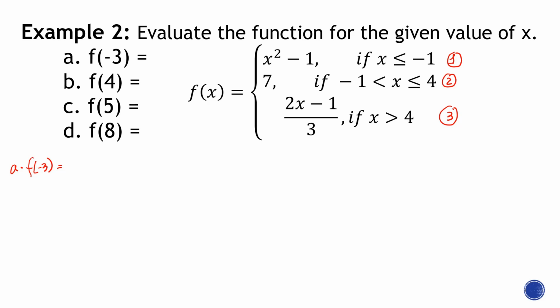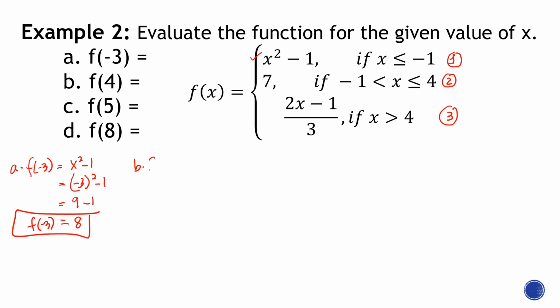Let's check. Is x less than or equal to negative 1? Yes, so that means we will be using the first formula, which is x squared minus 1. This is negative 3 squared minus 1, right? Negative 3 times negative 3 is 9, minus 1, and this is equal to positive 8. So f of negative 3 is equal to positive 8.